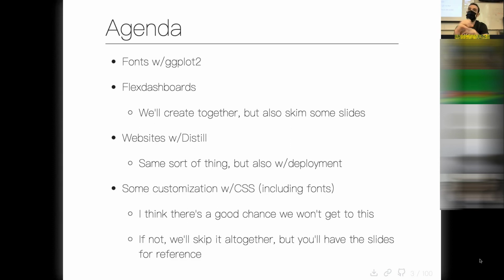With Distill, we're also going to talk about deployment, maybe with Flex dashboards too. We're just going to deploy through GitHub pages, which is pretty straightforward. Then at the end, if we have time, we'll get through as much of the CSS customization as we can. But those slides are there for reference for you, whether we get there or not.